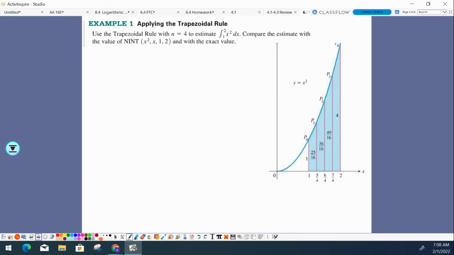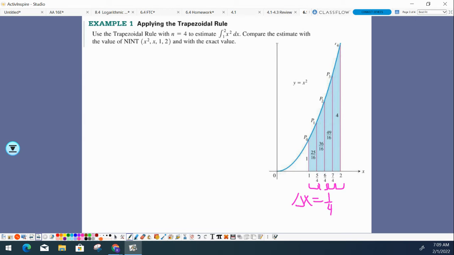All right, so for example, if we look at n equals 4 of x squared, our change in x is a fourth.